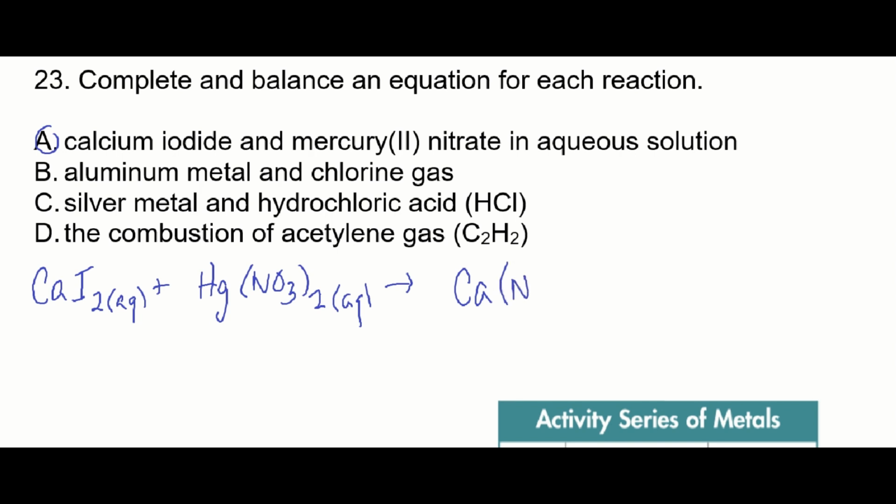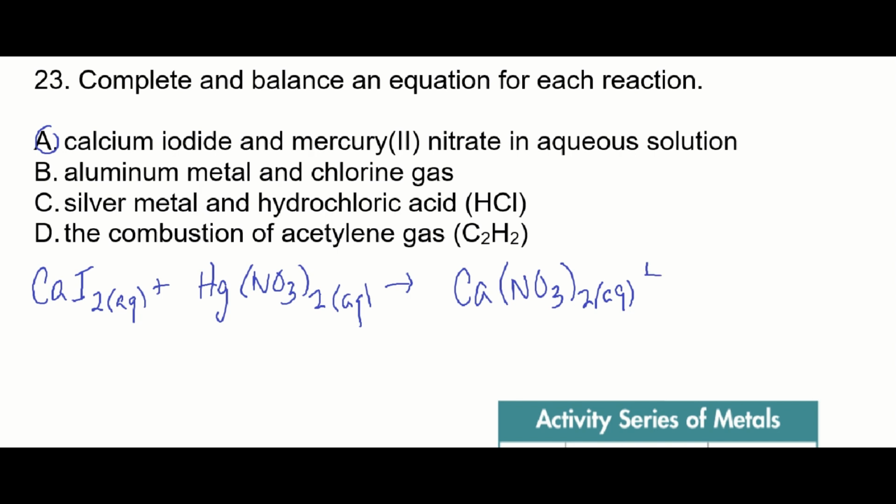And again, we'll need parentheses here because nitrate has a 1 negative charge and calcium has a 2 positive charge. We're going to need 2 nitrates to balance out the 2 positive charge on the calcium. All nitrates are soluble. You can use your solubility rules, which we give you.